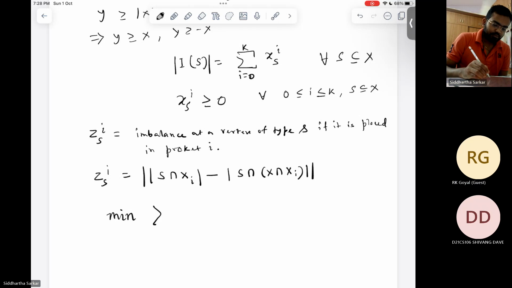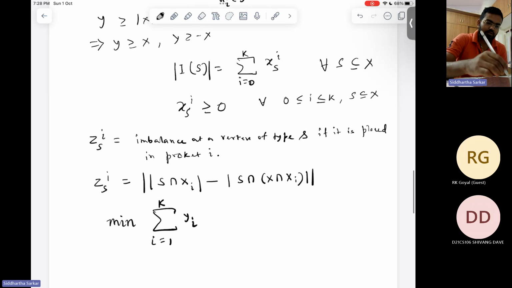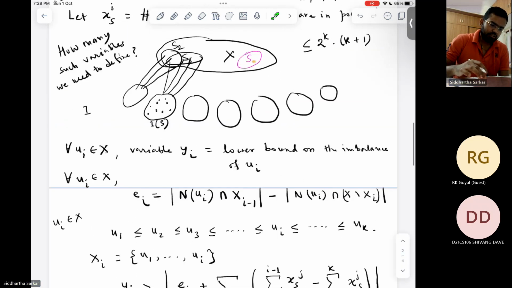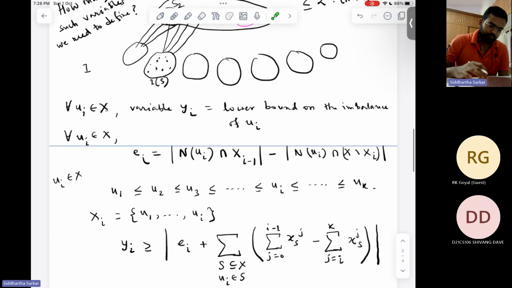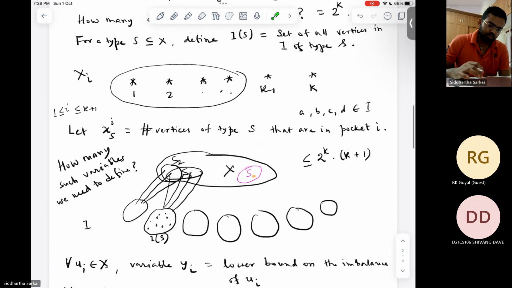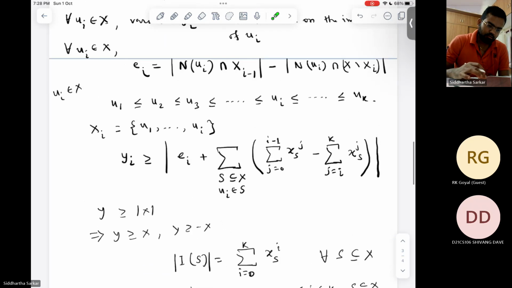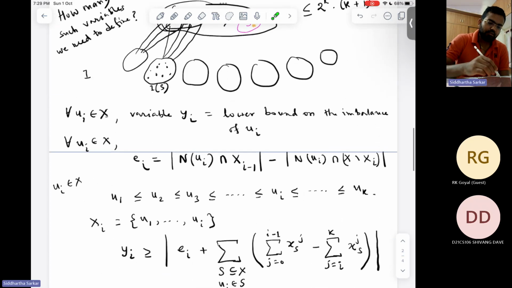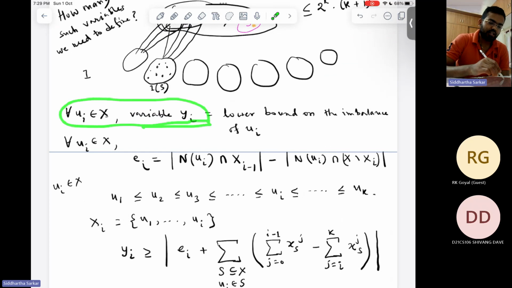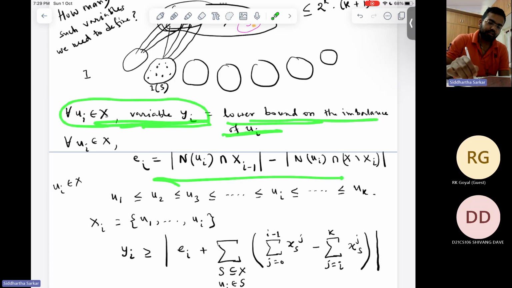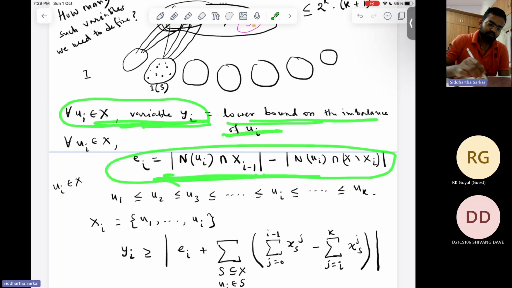So we want to minimize imbalance. Now we know that these variables yi correspond to the vertices in the vertex cover. So we defined yi for every vertex in the vertex cover. We said it's a lower bound on the imbalance, and then we computed partially what it is.